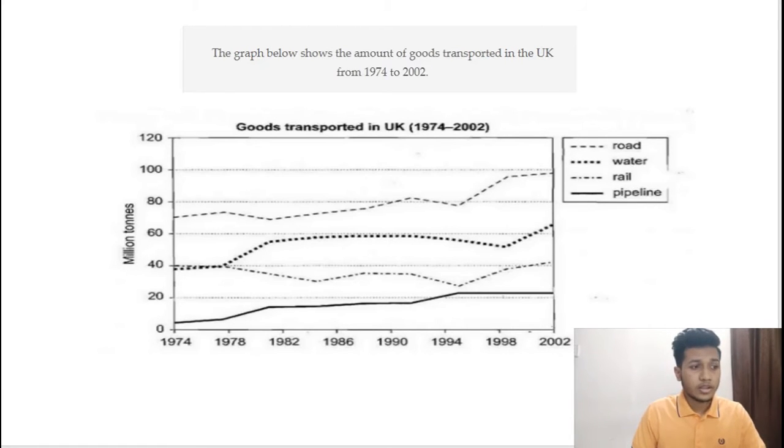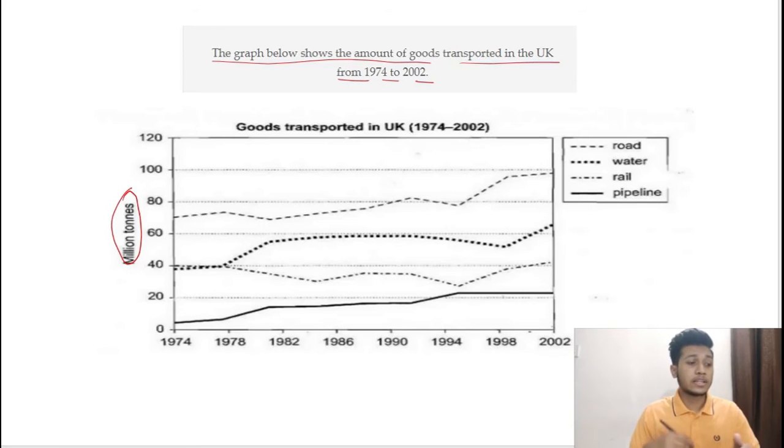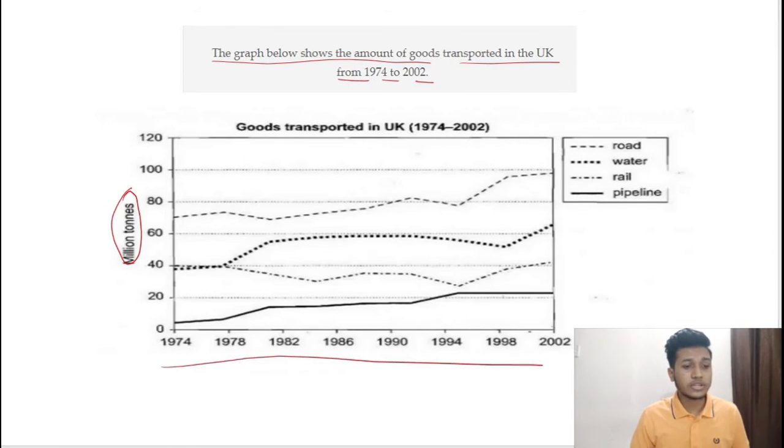What does the question say? The graph below shows the amount of goods transported in the UK from 1974 to 2002. So this is the amount of goods, meaning in tons, and these are the years from 1974 to 2002.